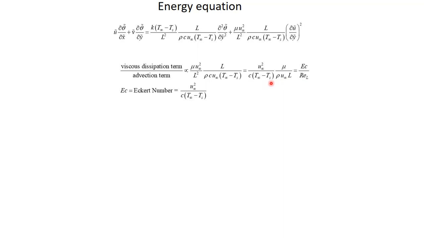And it makes some kind of sense, right? If you have a high velocity flow, then you're liable to have a lot of viscous dissipation. And if you have a flow where the underlying temperature differences are pretty small, then the temperature difference associated with the generation of thermal energy due to viscous dissipation might be as large as those little tiny temperature differences, right?